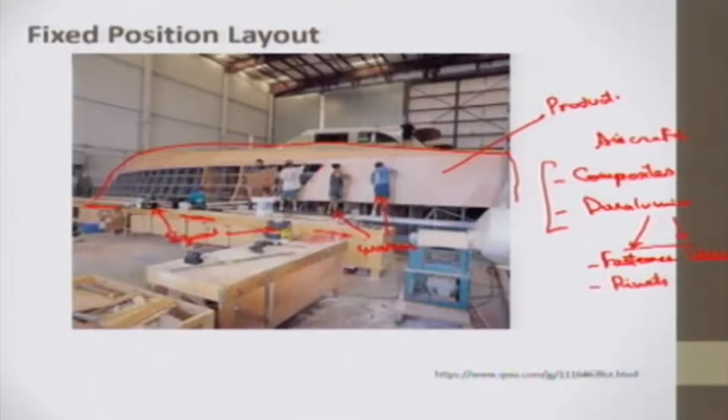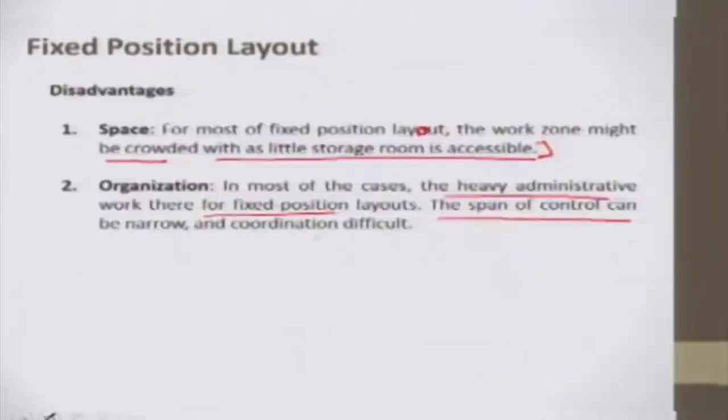Now this layout where the benches are to be kept, where the worker would stand, this is a platform where the worker is standing here to fix. All this is also part of our layout planning. So this also is important here. So administrative work here is heavy to plan the layout. The span of control can be narrow and coordination difficult. So this is the case here.